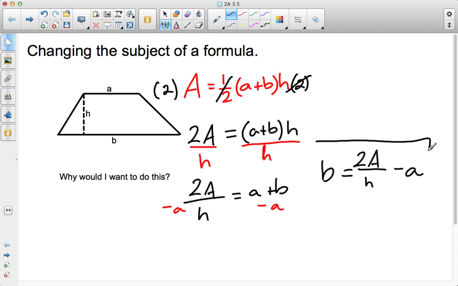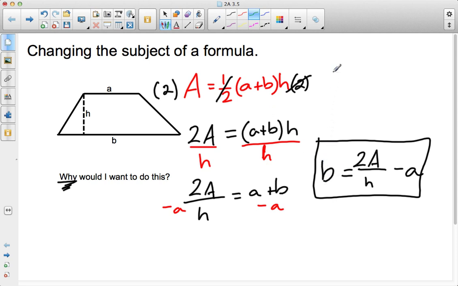So the question then gets back to, really, why would I want to do this? Well, let's just say I needed to find the value of b. Now, it's true I could just plug in the values and then multiply things around and simplify in order to get the answer, but it's also just as easy, I think, to set up my formula in terms of b.